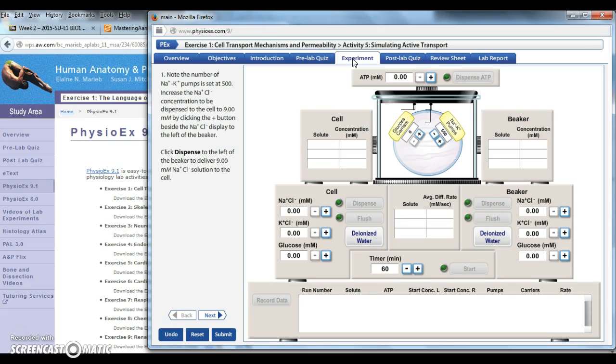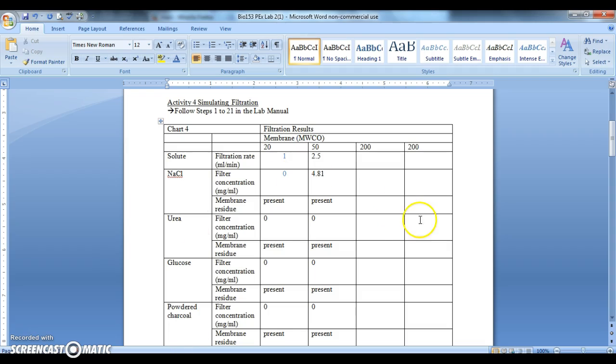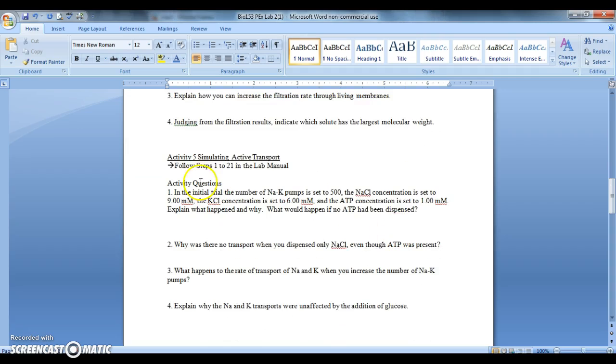Now this one I'm just going to show you briefly because it doesn't even have a data table. You just carry out the experiment and answer the questions. I did notice there is a typo in the instructions on the lab report. It says follow steps 1 to 21 in the lab manual.